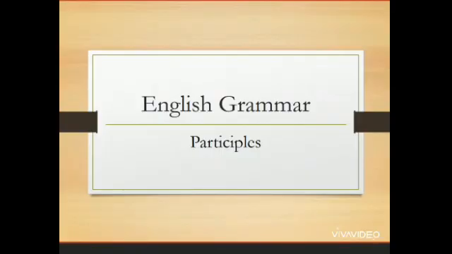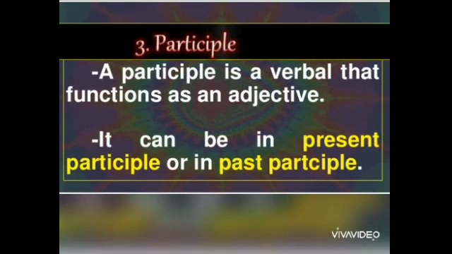The next non-finite verb that we will see is participles. What are participles? A participle is a verbal that functions as an adjective. It can be in present participle or in past participle. The third one is the perfect participle.